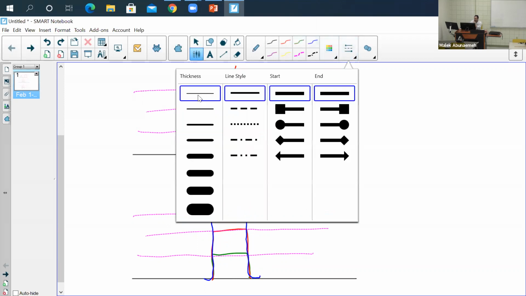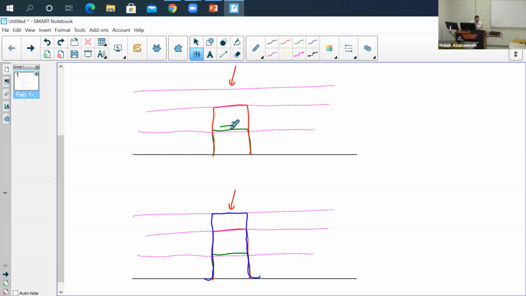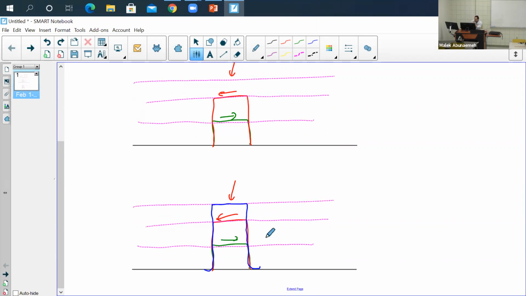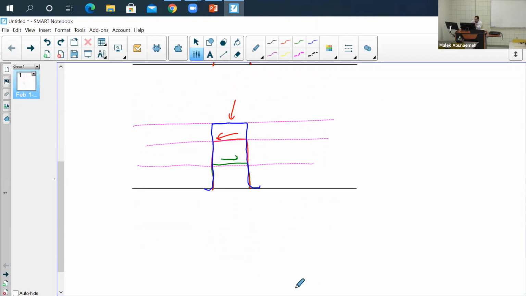And again, your green one is going that way, and your red one is going the opposite direction. That's until they meet up. And once they meet up, the actual wave would look something like this.